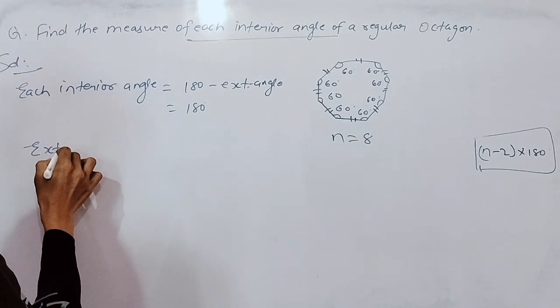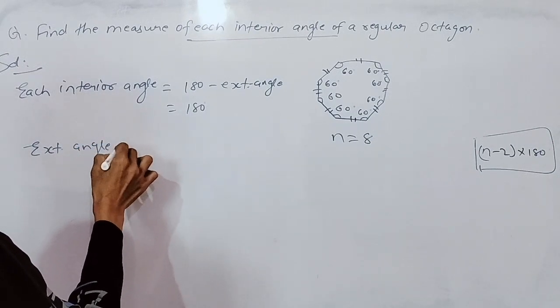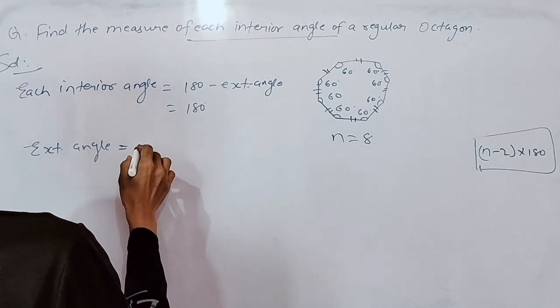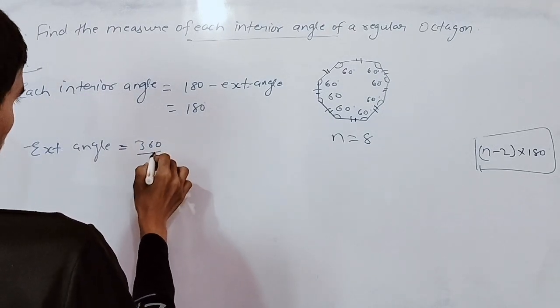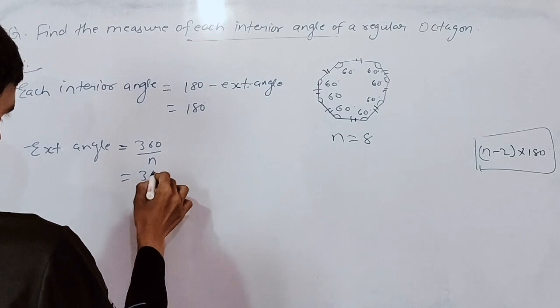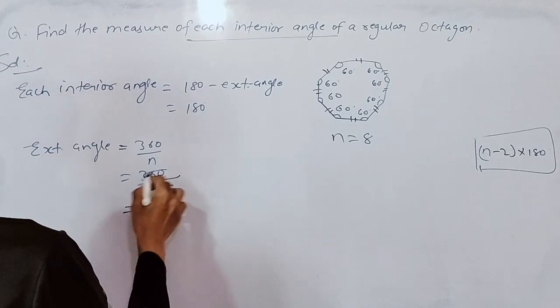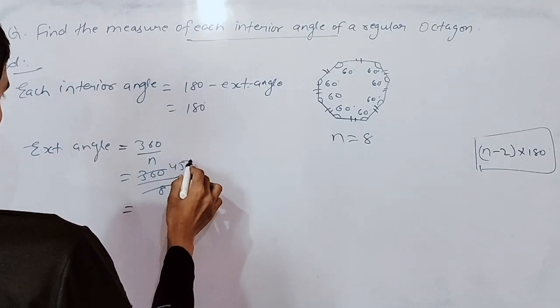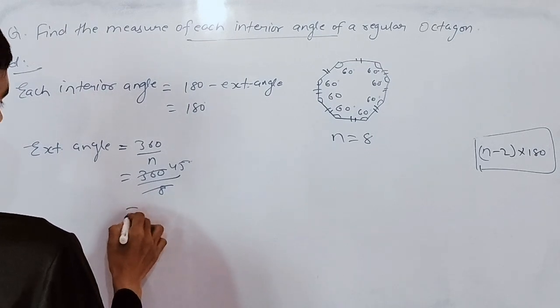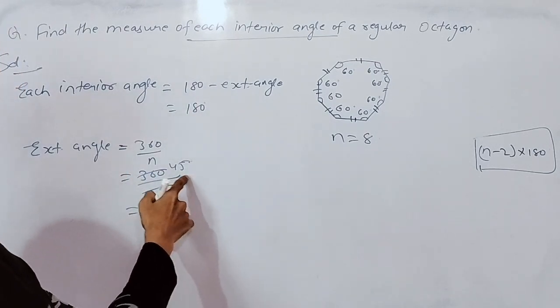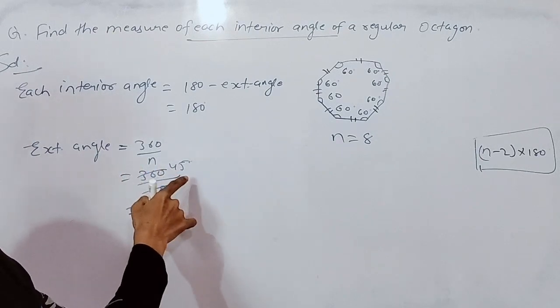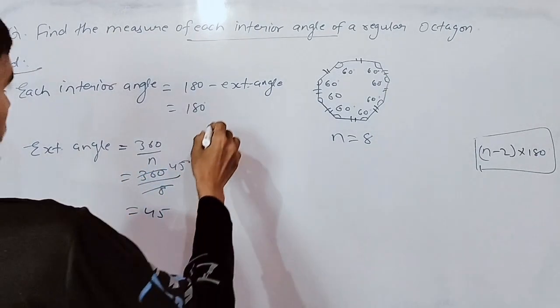So the exterior angle would be 360 upon n. 360, n is 8, and it would be 45. It is an exterior angle.